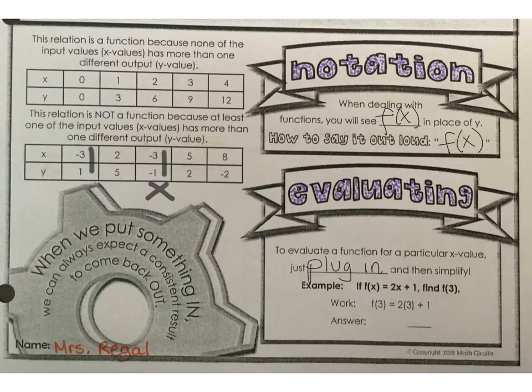The example says if f of x is equal to 2 times x plus 1, let's find f of 3. So our work shows f of 3 is equal to 2 times 3 plus 1. What do we get? That's right, 7. 2 times 3 is 6, add 1 makes 7.